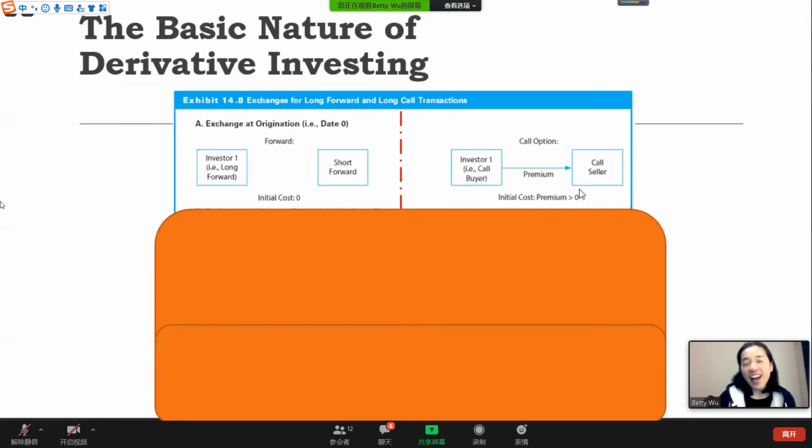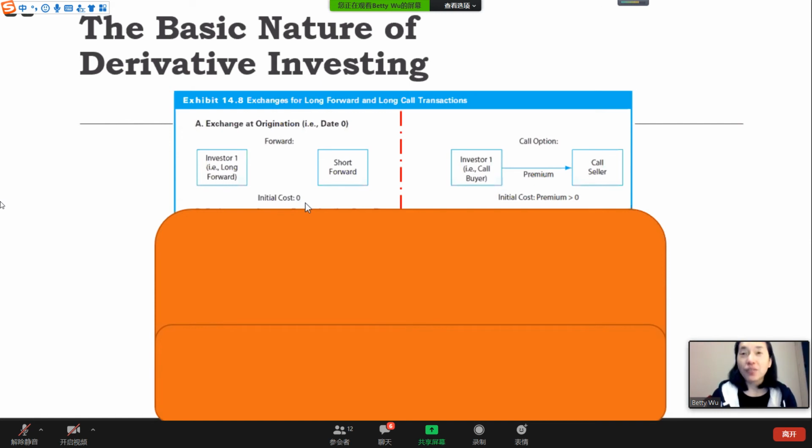Okay. And then the basic nature of derivative investing. So this illustrates two positions. And so this is a long forward versus long call transaction. Okay. So at origination, for forward, there's no cost.